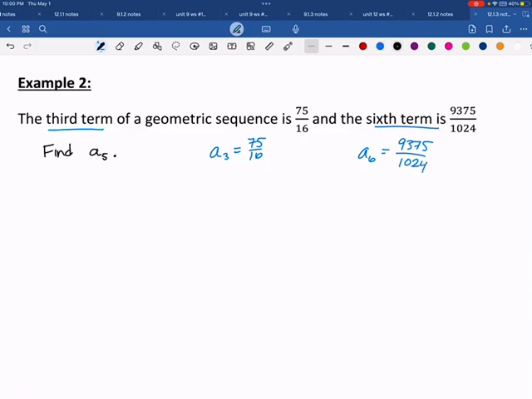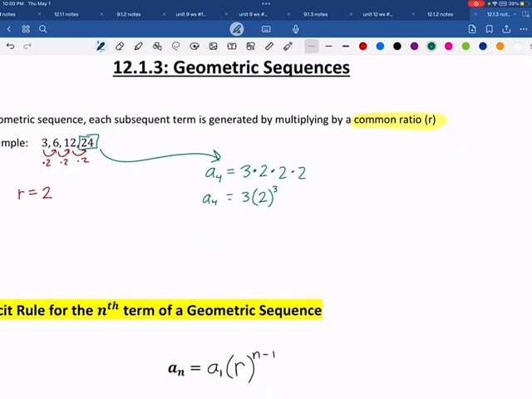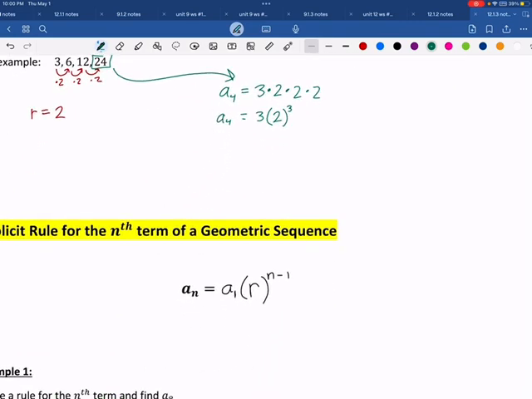We could be very algebraic about it, or we could think a bit more about what gaps we have in our sequence. There's no one right way to go about this, but if I want to find A5, I want a formula, so I want to go back to my explicit rule. That is one way I could find A5.